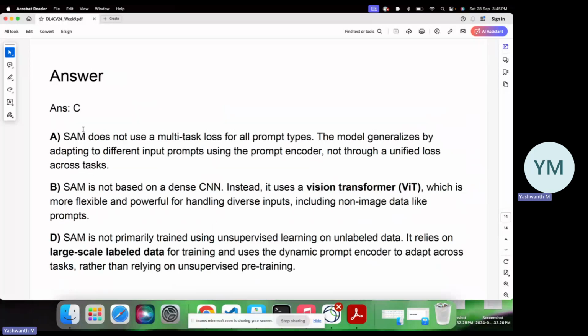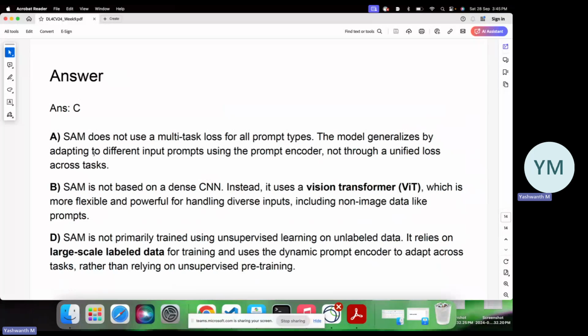Segment Anything does not use a multitask loss for prompt types. The model generalizes by adapting to different input prompts using the prompt encoder, not through a unified loss across the tasks. SAM is not based on a dense CNN.